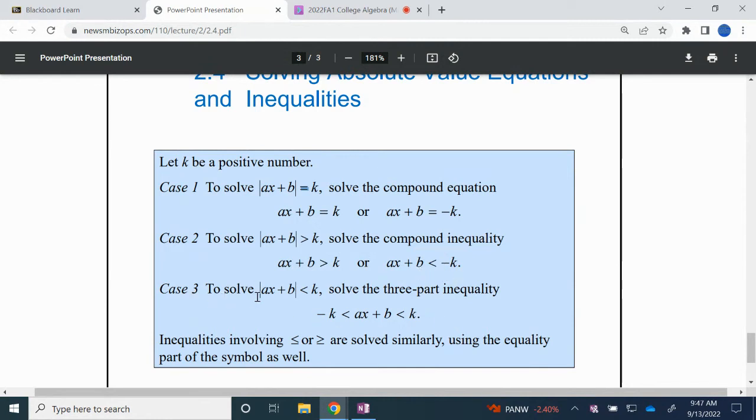And then lastly, we have case three. This is the absolute value less than inequality. So it says to solve the absolute value of ax plus b is less than k. This is a three-part inequality.